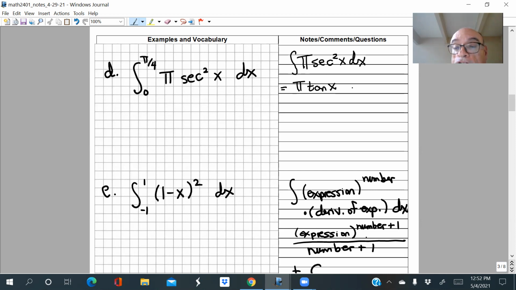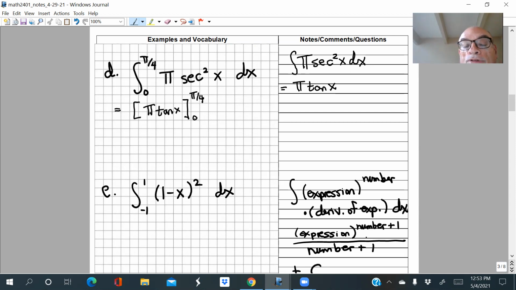All right, so there's our antiderivative. Remember, again, in this situation you don't need to write the plus c. So to evaluate this definite integral, we are just going to use pi times the tangent of x. We will evaluate that at 0 and at pi over 4, and then take the difference.